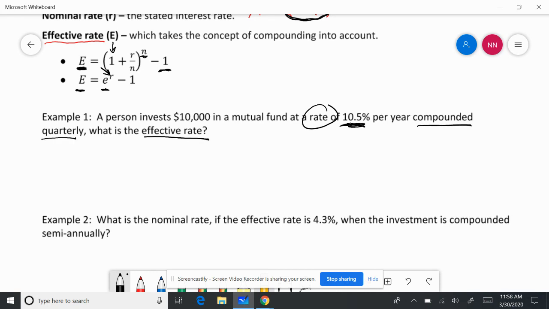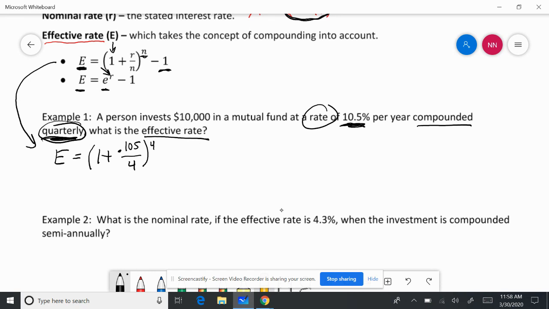So since it's compounded quarterly, we're going to use our first formula, and we're going to go effective rate is equal to 1 plus our nominal rate, which is 0.105, over how many times it compounds. In this case, it compounds quarterly, so we put a 4 raised to the 4. What we're going to do is we're going to take our calculator out.